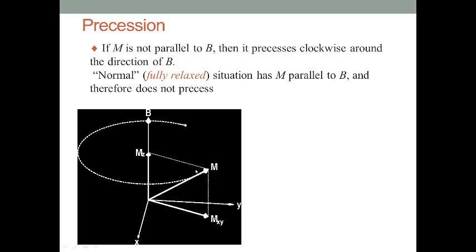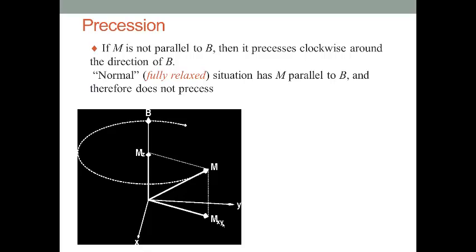Just from here, then go here. So if M is tipped, that means here M0 and Mxy is not 0. If M is parallel to B, that means Mxy will be 0.